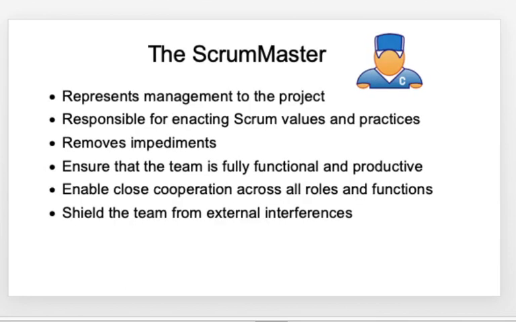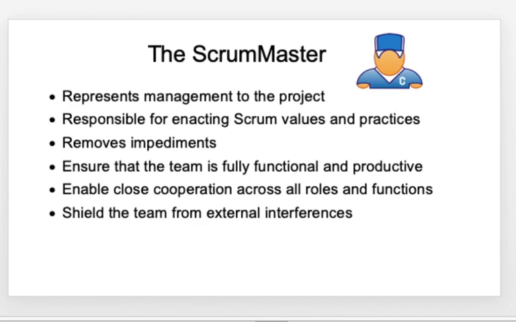The next is called the Scrum Master. The Scrum Master is similar to a project manager in the traditional project. But the role the Scrum Master plays is entirely different from a project manager. A Scrum Master is a servant leader where he will represent the management to the project.